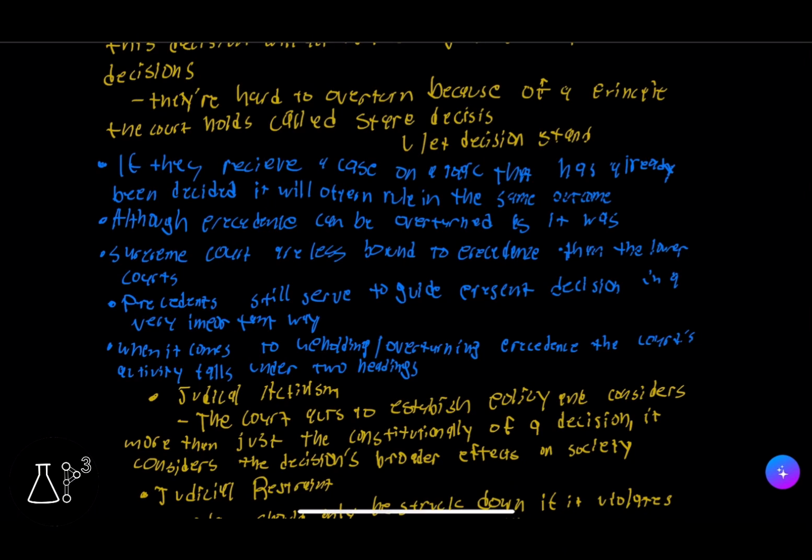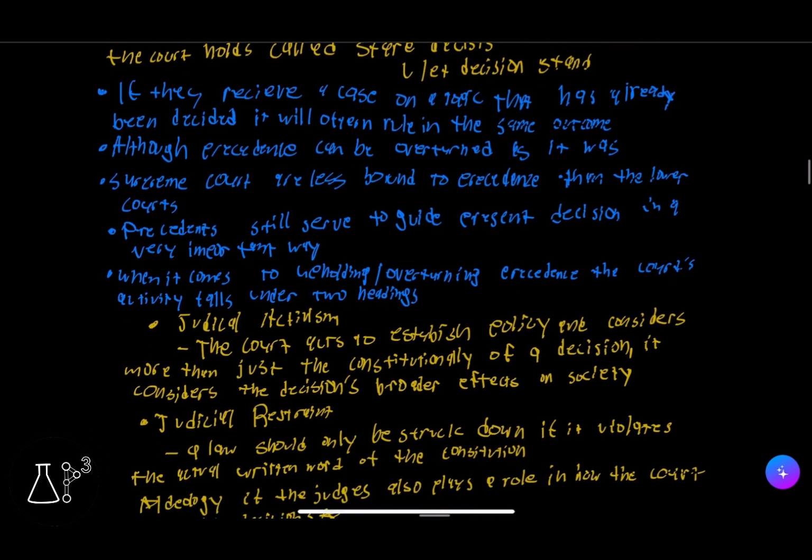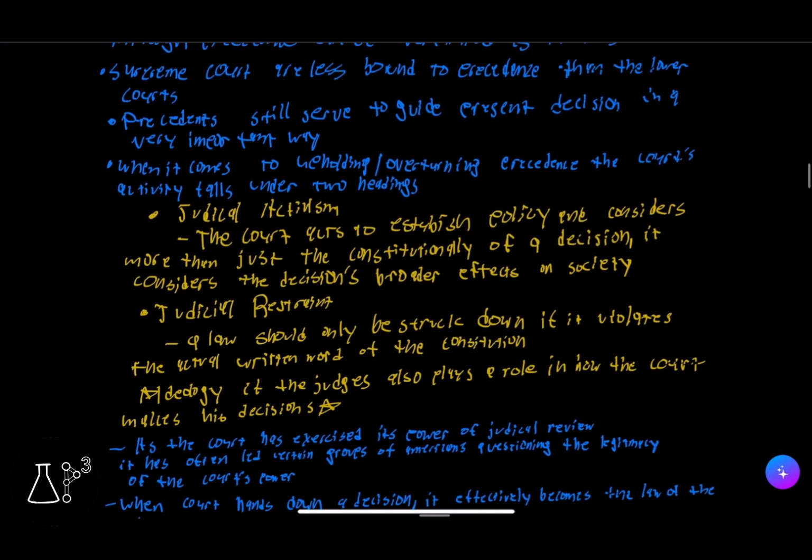The Supreme Court is less bound to precedents than the lower courts, and precedents still serve to guide present decisions in a very important way. When it comes to upholding and overturning precedents, the court's activity falls under two headings.